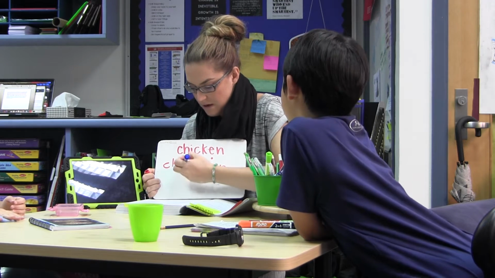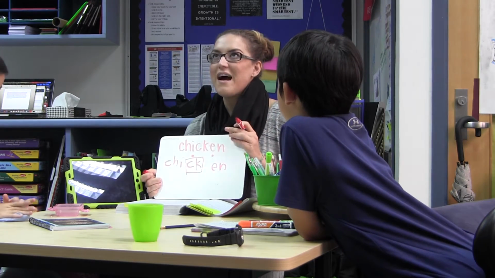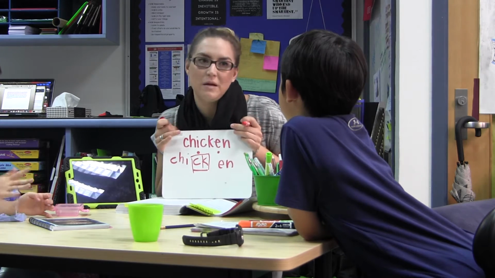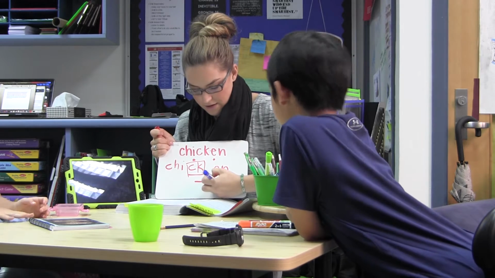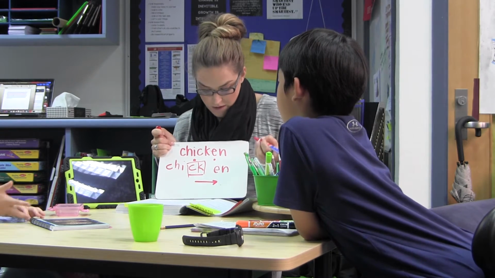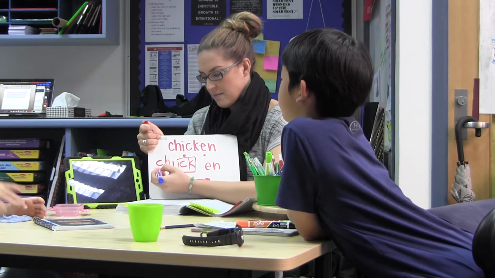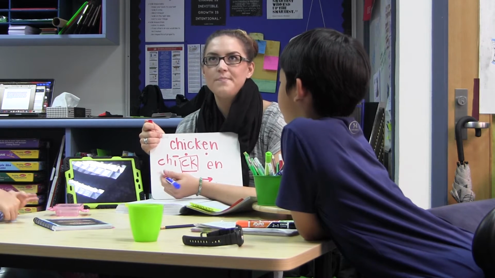I'm going to treat them, because they're usually on one tile, like on our app, like they're one letter. And so if I had just one letter, I'm thinking back to rule number 1 for splitting syllables. And I'm going to move my one letter, always the most common way, to the right. If I do that, though, then my first syllable is open, which would make my I long. Chicken. And I don't think chicken's a word.